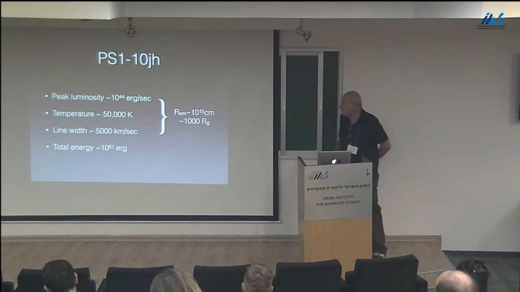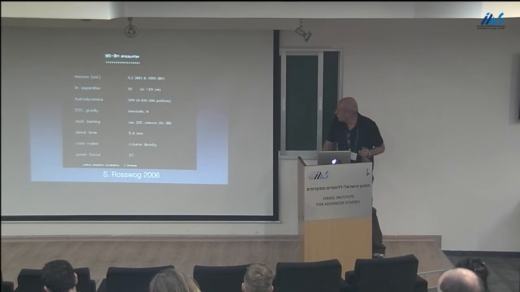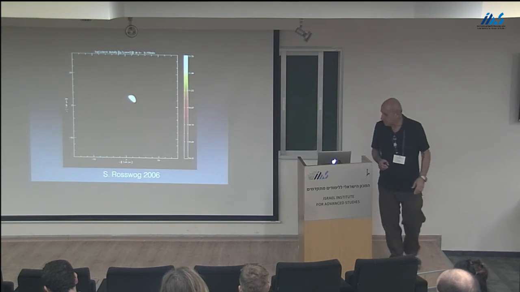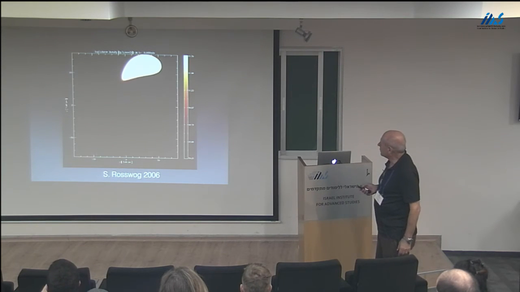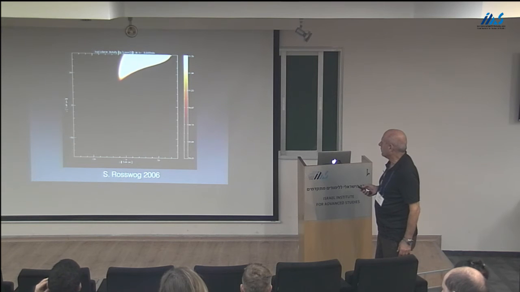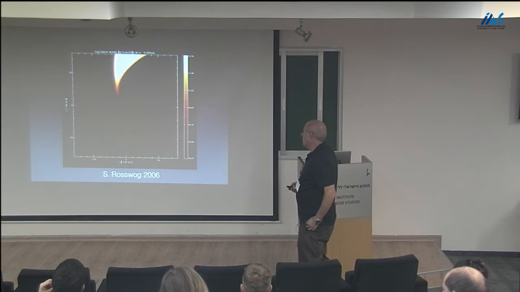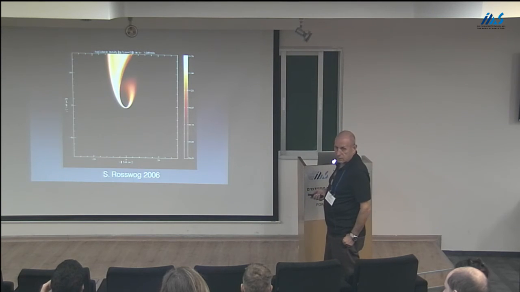And the question is, what is happening here? So I want to remind you of some old simulations which actually influenced me. This is a simulation by Stefan Rosswog, and you see very nicely what is happening. This was actually a neutron star, a white dwarf around a black hole with a few hundred solar masses, and you see the returning stream, and you don't see an accretion disk.